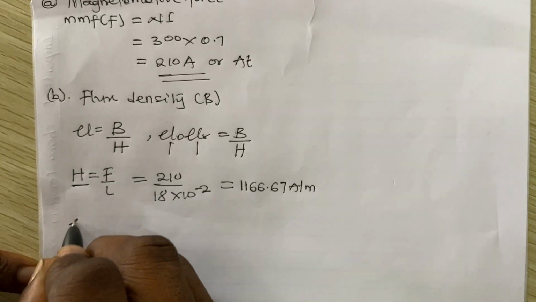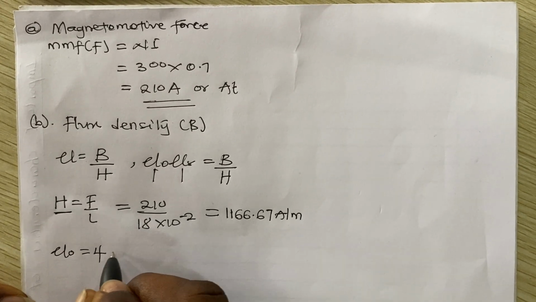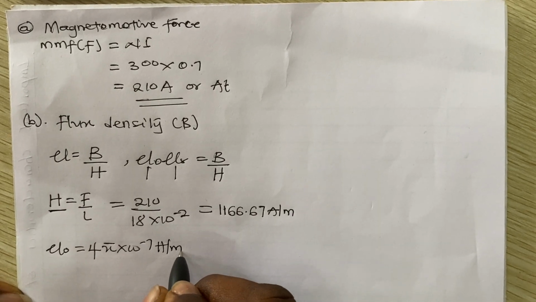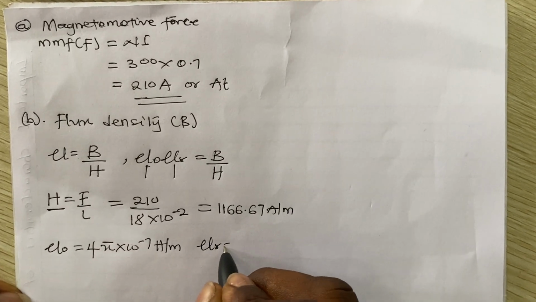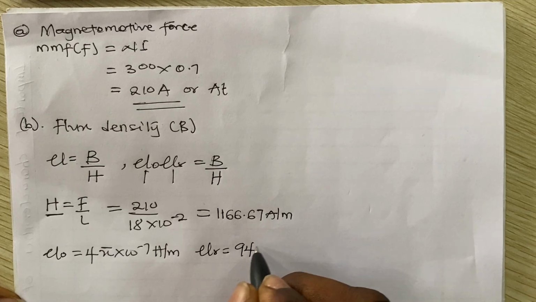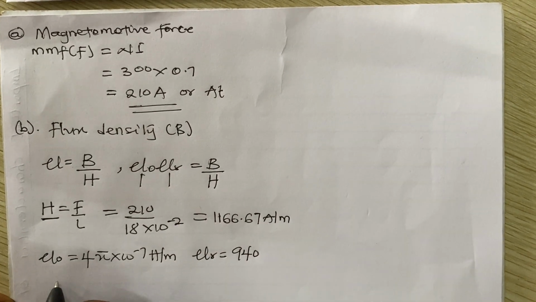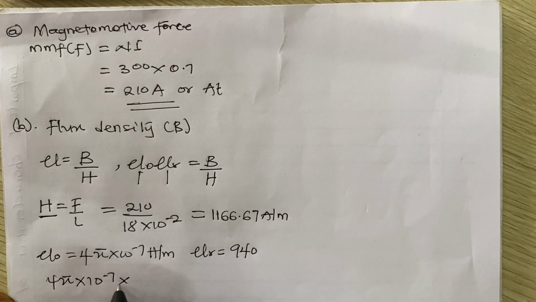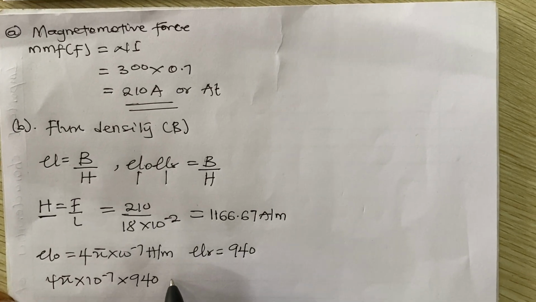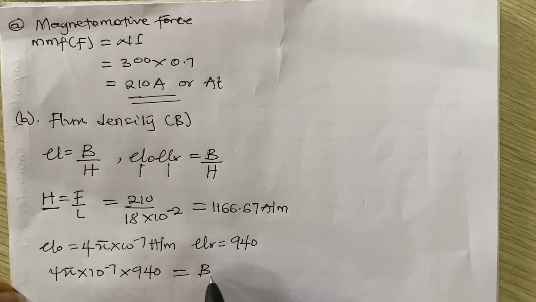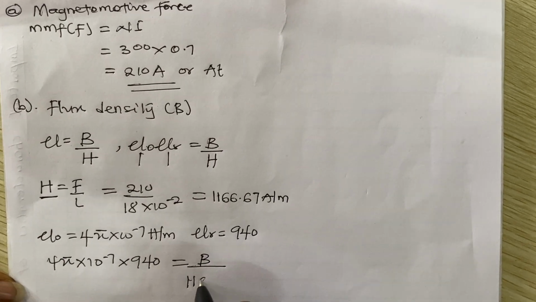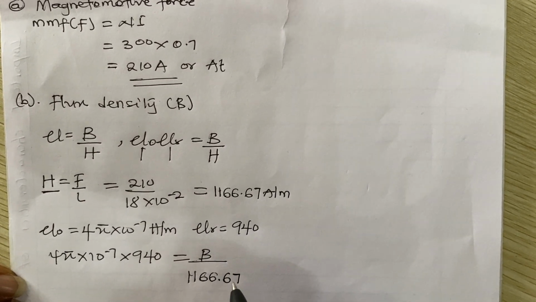Now mu naught is a constant, 4 pi times 10 power negative 7 Henry per meters, and mu r was given in the question, 940, relative permeability. So multiplying 4 pi times 10 power negative 7 times 940 would then be equal to B on H, and we found H to be 1166.67, right?